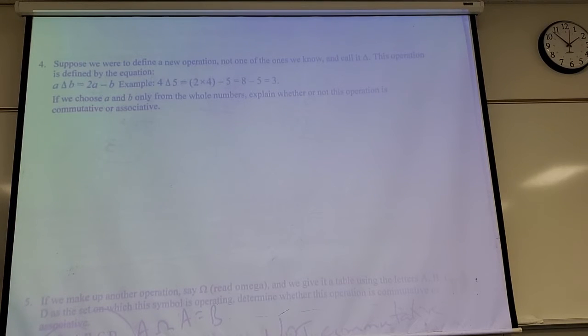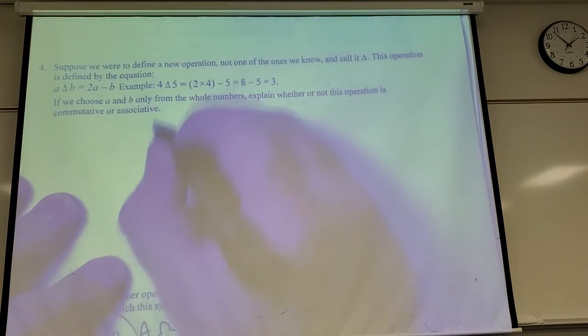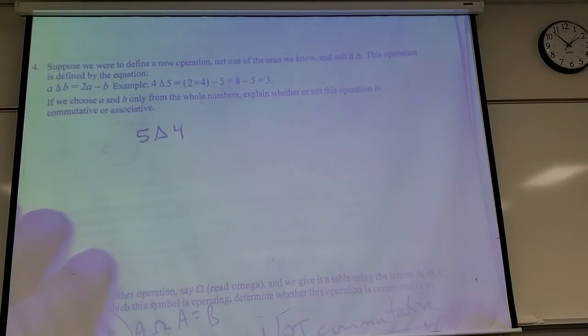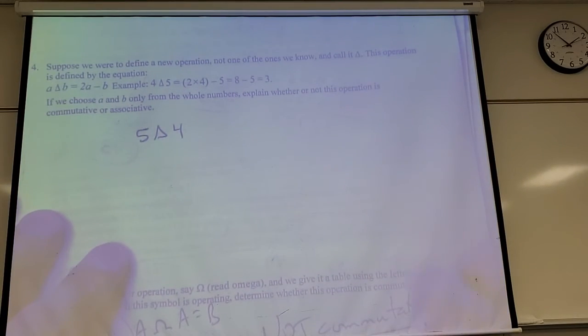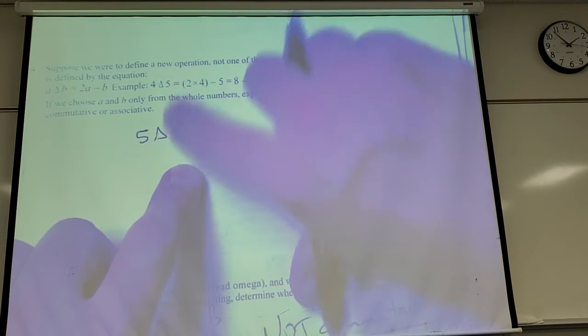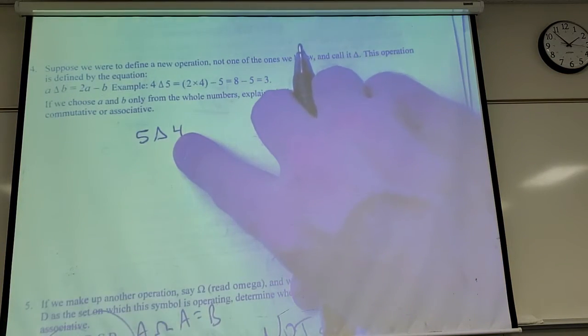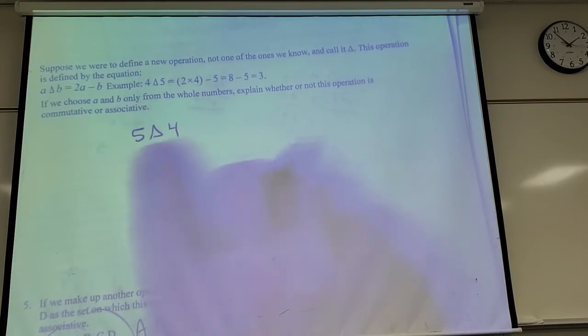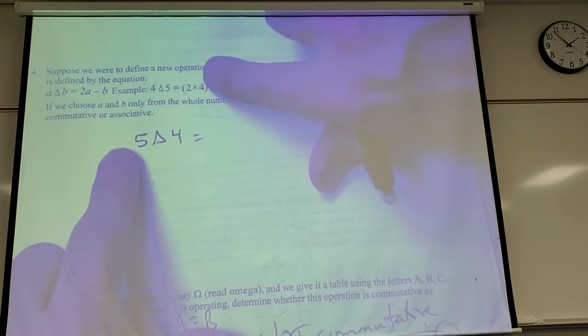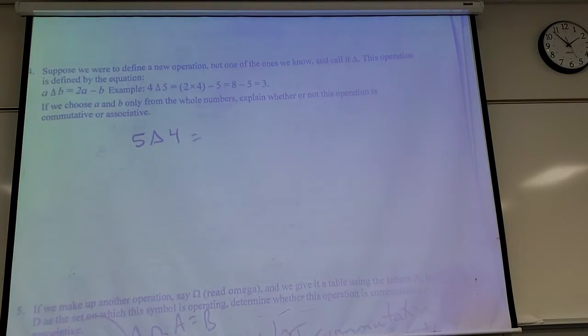In order to be commutative, what would have to be true about 5 delta 4? It would have to equal what? If they were commutative, these two should be the same. That's what commutative means. Calculate it real quick. It doubles the first one and subtracts the second one.